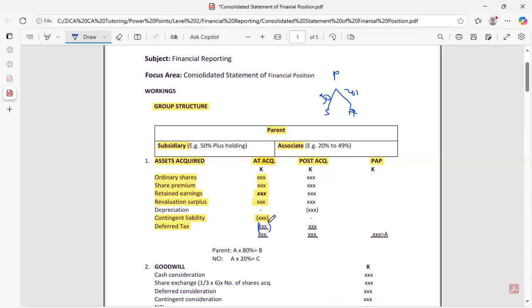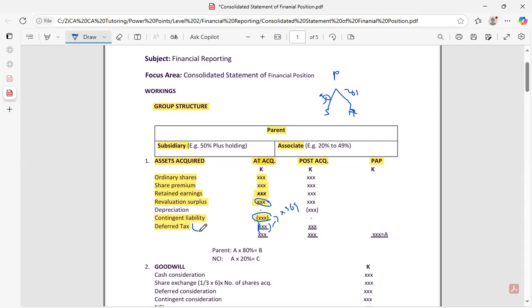But how do we find this deferred tax? It is on the revaluation surplus. So you get the revaluation surplus minus the contingent liability, and then multiply that by the tax rate, let's say 30%, and that's going to be a deferred tax liability here.